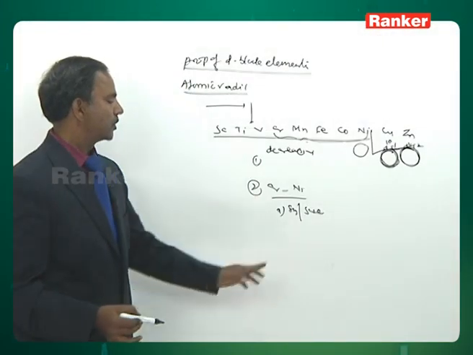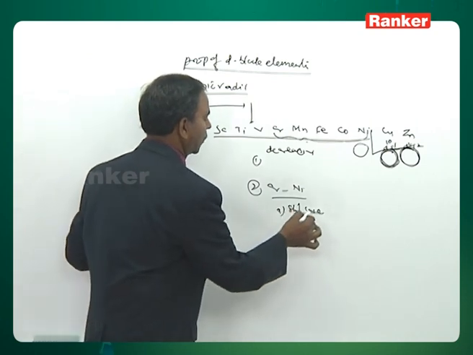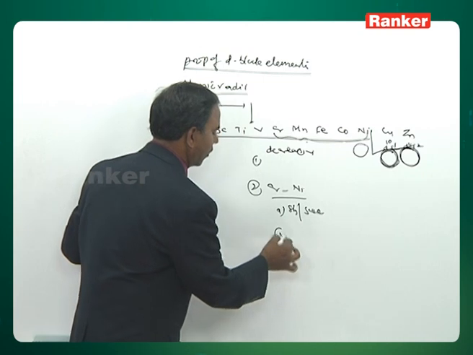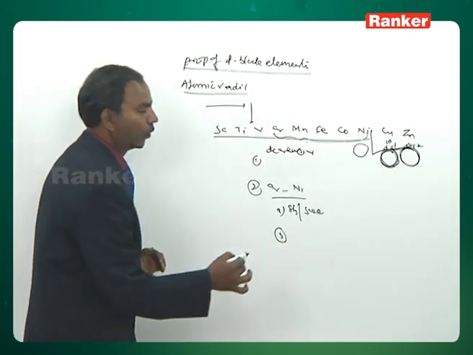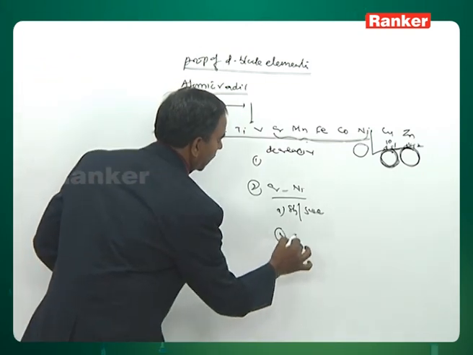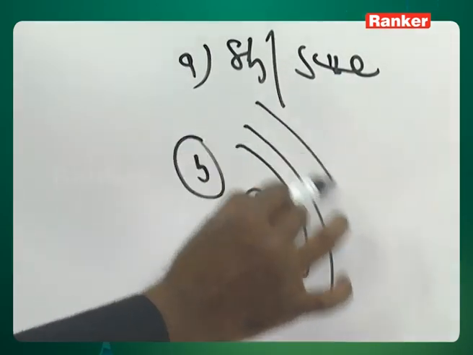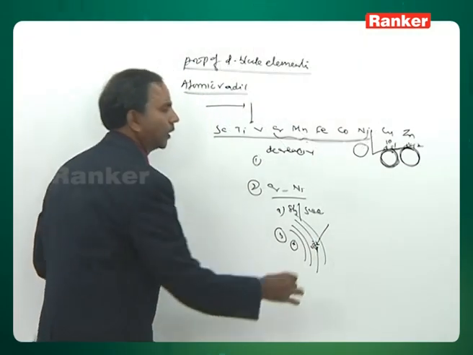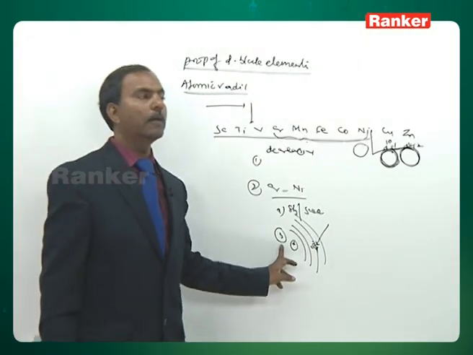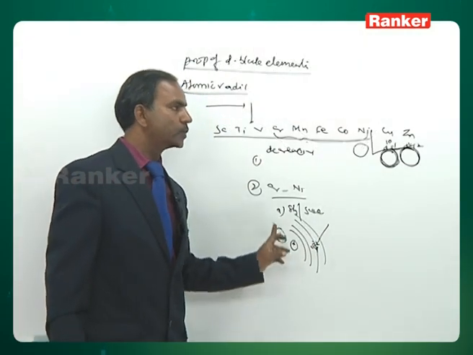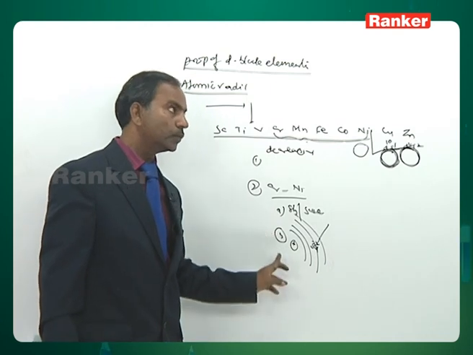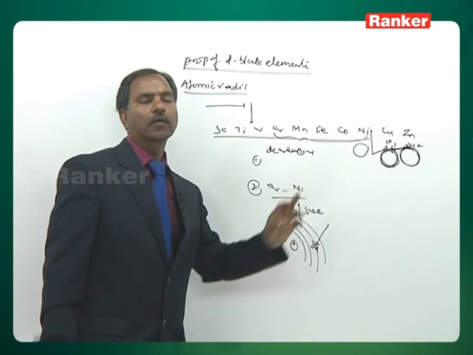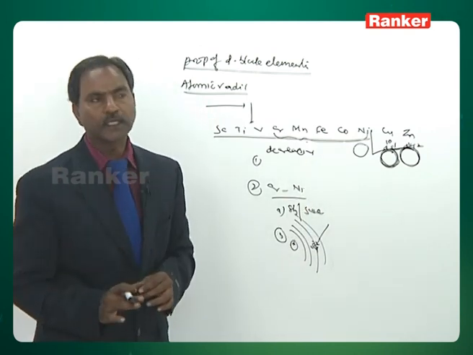Second, it is due to the entry of differentiating electrons into d orbitals of the penultimate shell. Due to these two reasons, from chromium to nickel, the atomic sizes are found to be more or less identical.